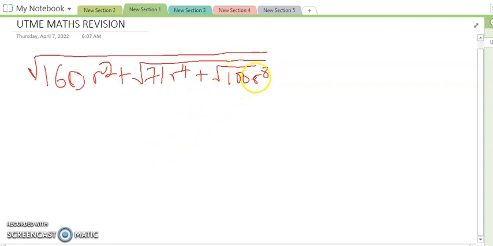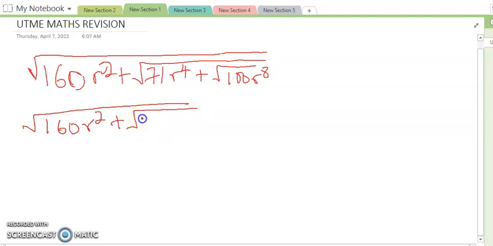What is the square root of 100 and r raised to power 8? So we're going to have square root of 160 r raised to power 2 plus square root of 71 r raised to power 4 plus square root of 100 is 10. Square root of r raised to power 8 is r raised to power 4.